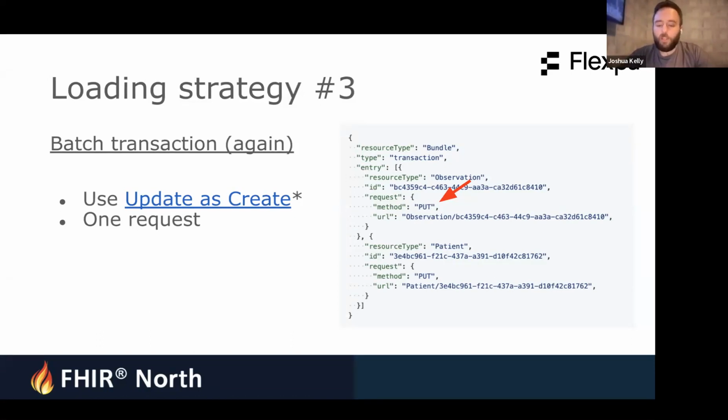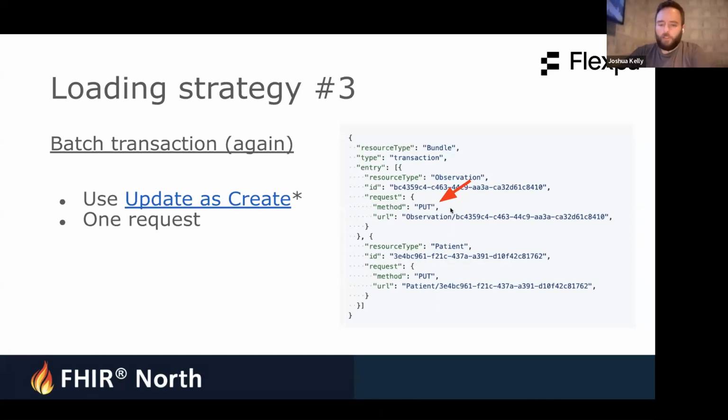Normally when we use a create operation in FHIR, we don't specify an ID. But in this case, we do have IDs, but we don't expect those resources to exist. So we need to use a feature called update as create, where we're doing put operations, or update operations, and put requests for each of the resources that we're creating. You can think of this as just like an upsert. The FHIR spec, I believe, even uses that term.